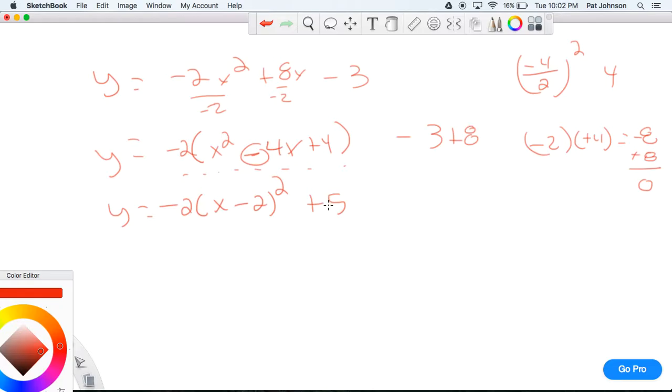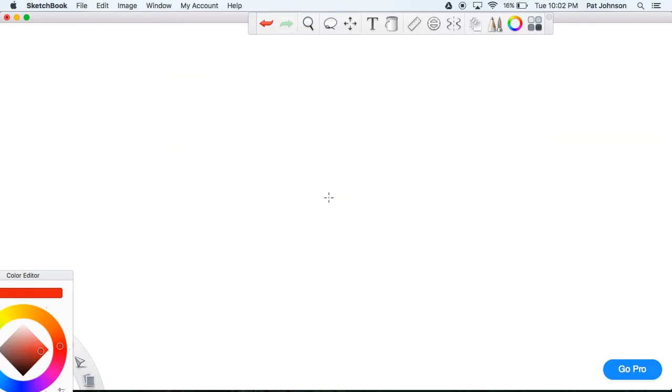Let's look at example 2 on page 276. They say write an equation of the function shown in the graph below. Okay, I'm not going to make this really pretty. We can write an equation if we know the vertex and any other point on the graph. So they give us the vertex, 3, 2, and they give us this coordinate, -1, -2.